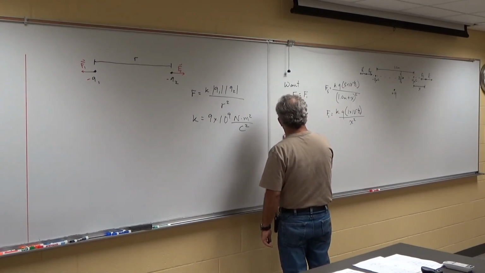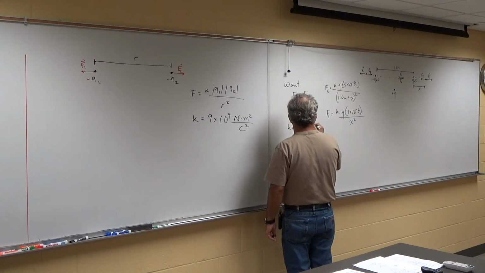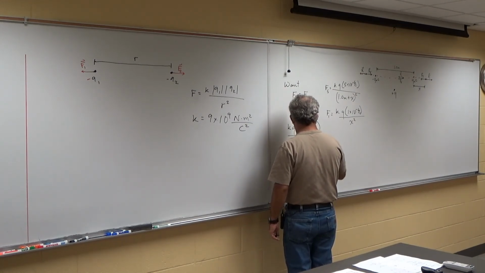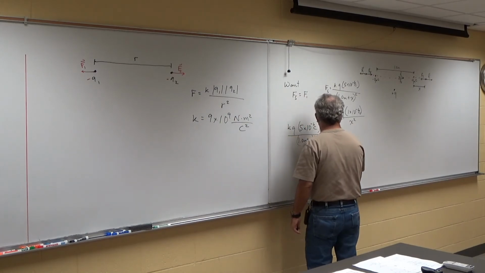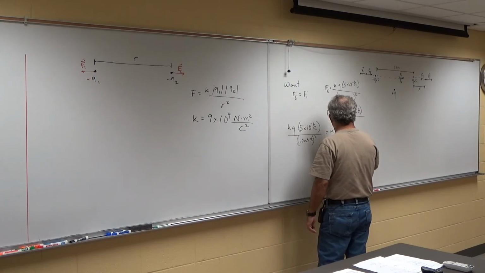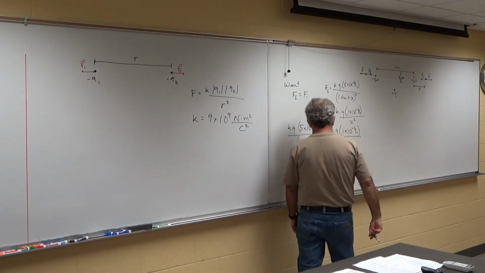So kQ times 5 times 10 to the negative 6 coulombs divided by (1.0 meter plus x) squared is equal to kQ times 1 times 10 to the negative 6 coulombs divided by x squared.